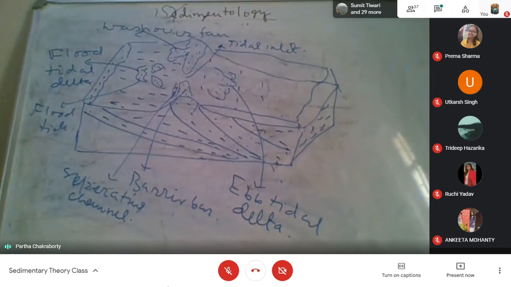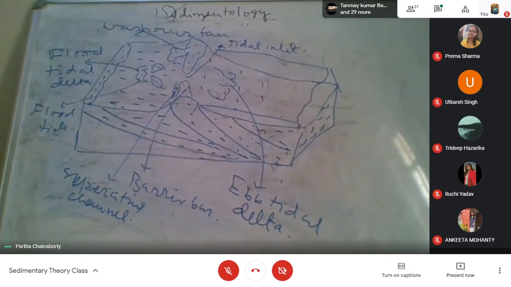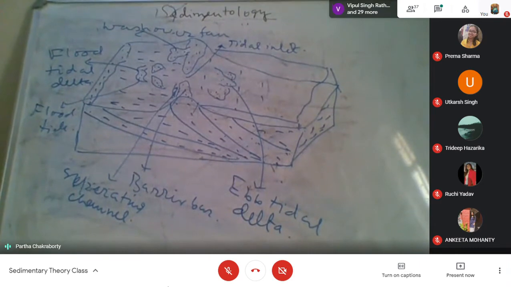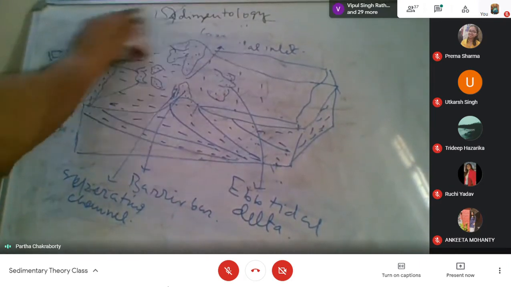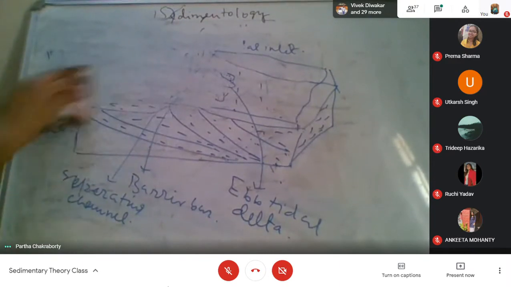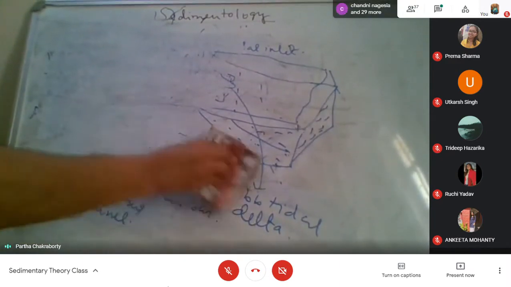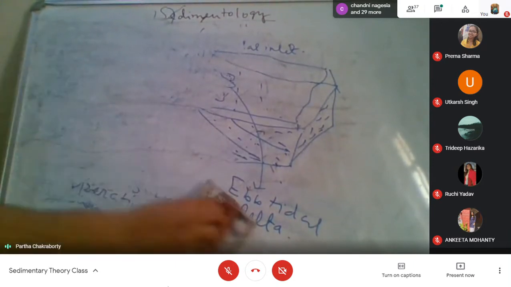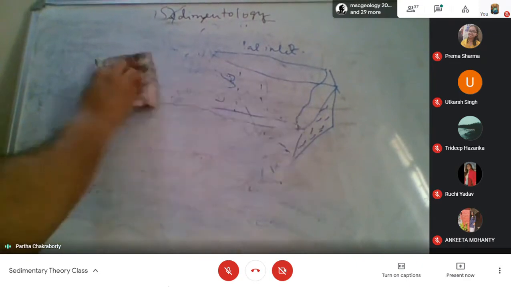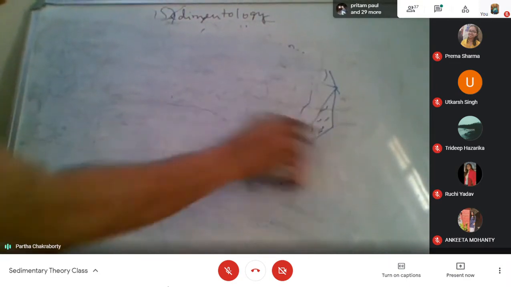Now, if the whole system is in the subsurface and I am doing the logging, and there is no exposure, and you will be totally depending on the geophysics, how will you get that?